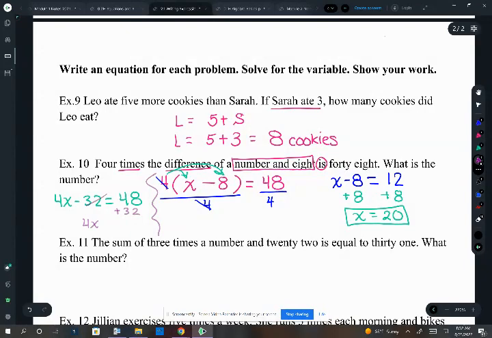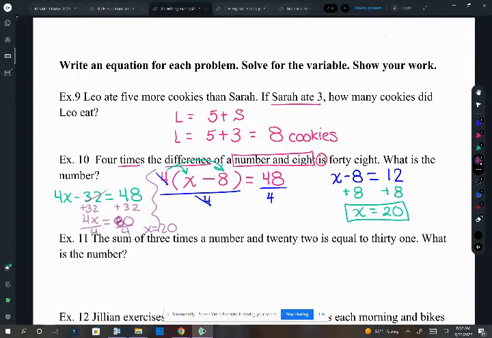So you'll get 4x is equal to 80, and then we'll divide by 4. So x equals 20. Either way, we get x equals 20. It's up to you if you'd rather divide first or use the distributive property first.